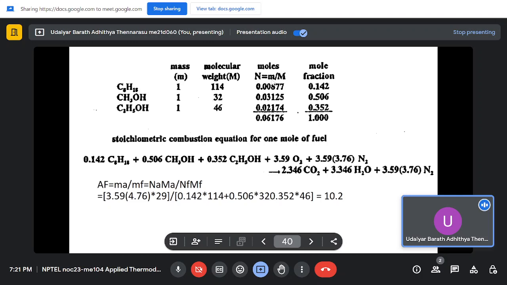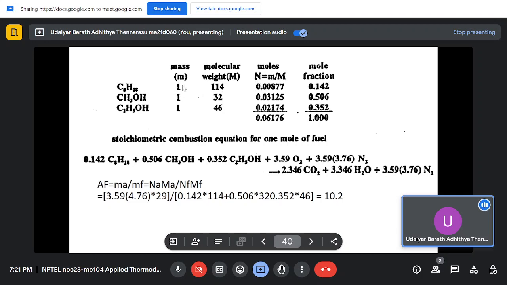So in terms of moles, 1 divided by 114 will give me 0.00877 moles. Because this is by mass, we are converting it to moles. So 1 by 32 is 0.03125, and 1 by 46 is 0.02174. This is the number of moles of each component taken.